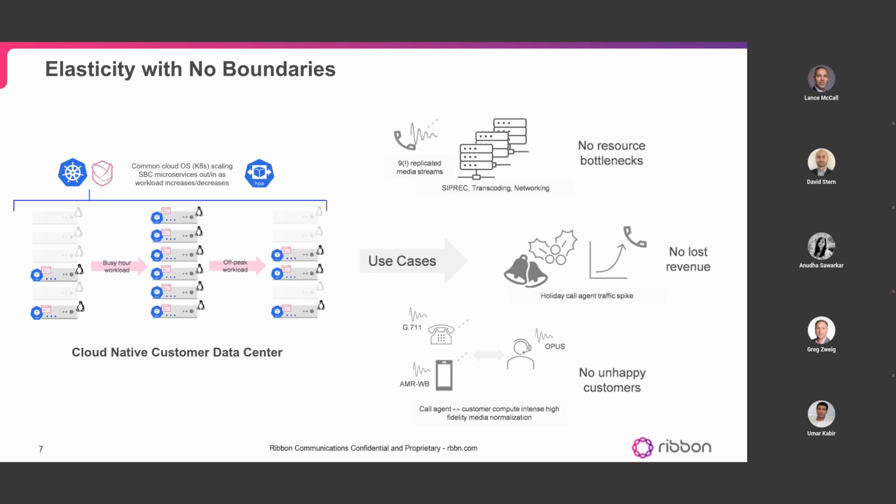And furthermore, you can also support use cases where there happens to be significant processing required for mediation, for example. And we've given the example of interworking between one high fidelity media format, AMR wideband, which is used on wireless mobile devices, and Opus, which is another high fidelity media protocol.